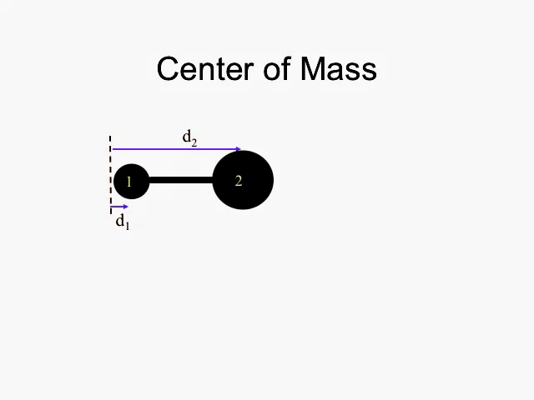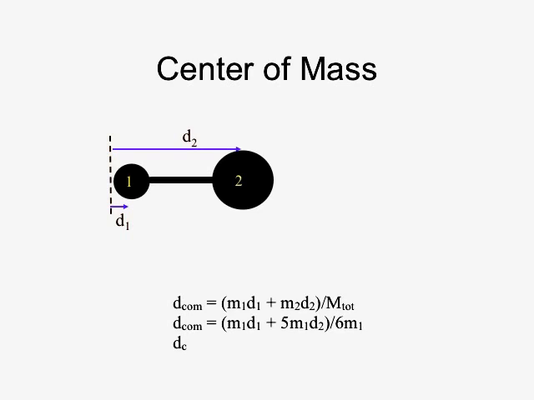Let's say, canceling out the masses, the distance 2 is 4 times the distance 1. Then distance 1 plus 5 times 4 times distance 1 again is a simplification of our terms, divided by 6, which gives us 21/6 times the distance 1, or 3.5 times the distance 1, is where the center of mass is located.